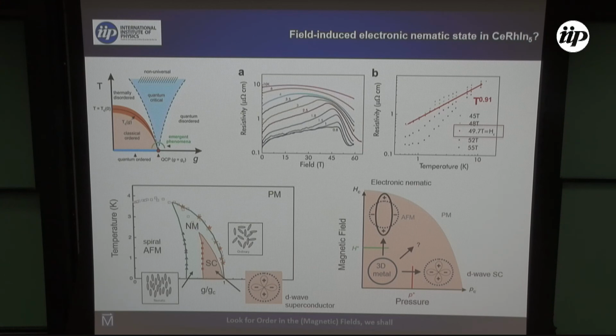Normally, antiferromagnets have a light mass because the electrons don't hybridize with the moments. But in this case, the specific heat shows a heavy mass. The magnetic field induces localization, destroys the hybridization, and you get a nematic state. Pressure makes it more hybridized, and then the antiferromagnetic state disappears, and d-wave superconductivity is induced. Part of the theoretical challenge here is to combine this information into a universal phase diagram for this compound.